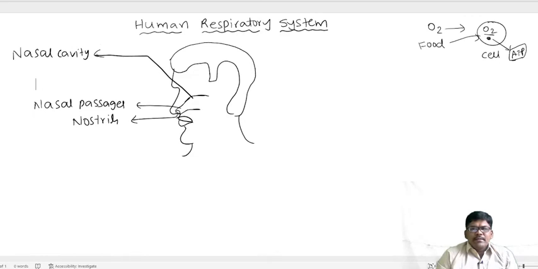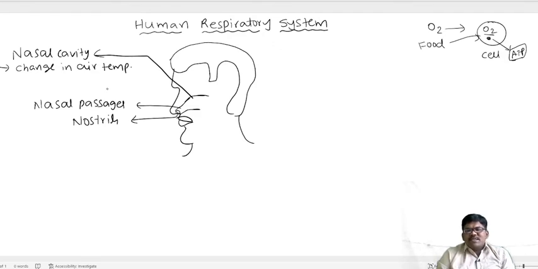Here, the nasal cavity is used for the change in air temperature. The air which we take in inspiration may be at a high temperature or at a low temperature.